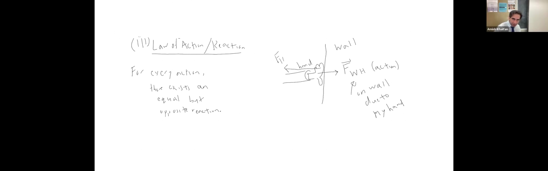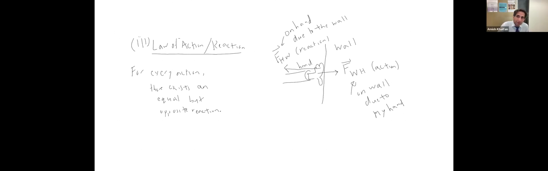Okay, this is the force on the hand due to the wall. Right? And that force has the same magnitude as the force on the wall due to the hand. This reaction force has the same magnitude as the action, but is pointing in the opposite direction. So we say equal magnitude, but opposite in direction, okay?